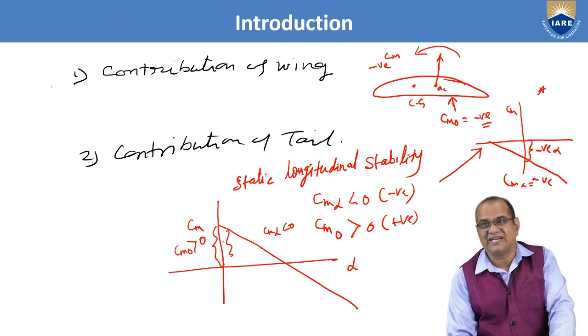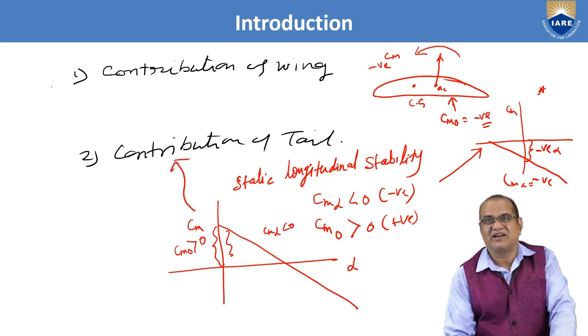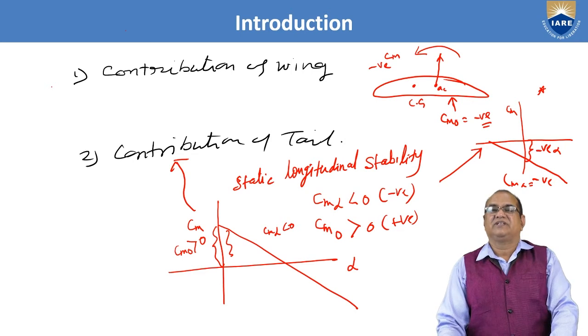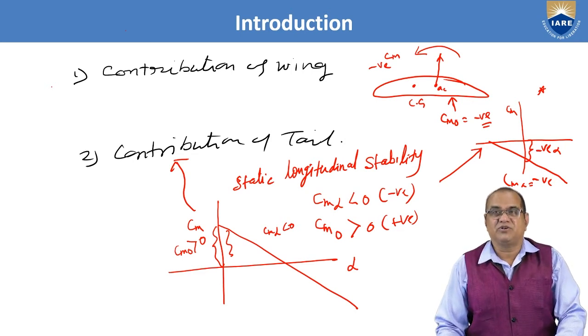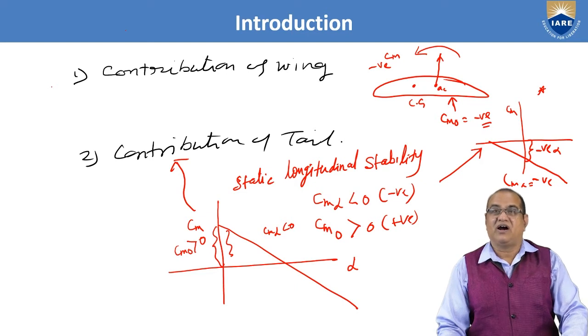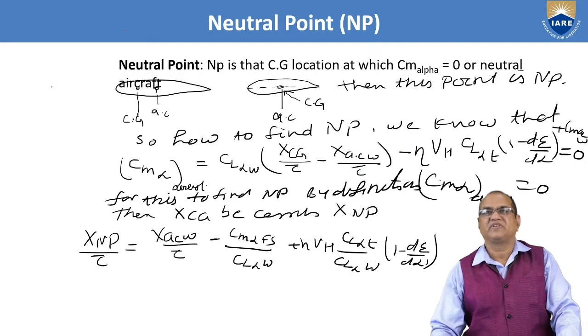And this greater than 0 is done by the contribution of the tail. So this is very important: the contribution of the wing alone is not stable, but if you add the tail or the canard, the aircraft will be stable. That is why we use this system.